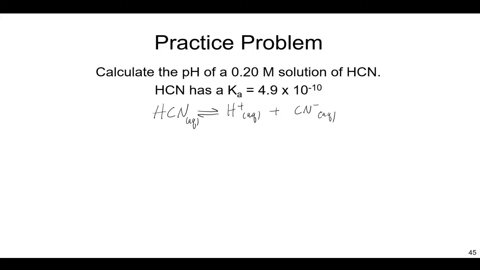Okay, so here's my reaction. I can write my expression for Ka. I know my Ka value here is going to be 4.9 times 10 to the negative 10. Okay, and that's going to be my H plus at equilibrium, CN minus at equilibrium over HCN.